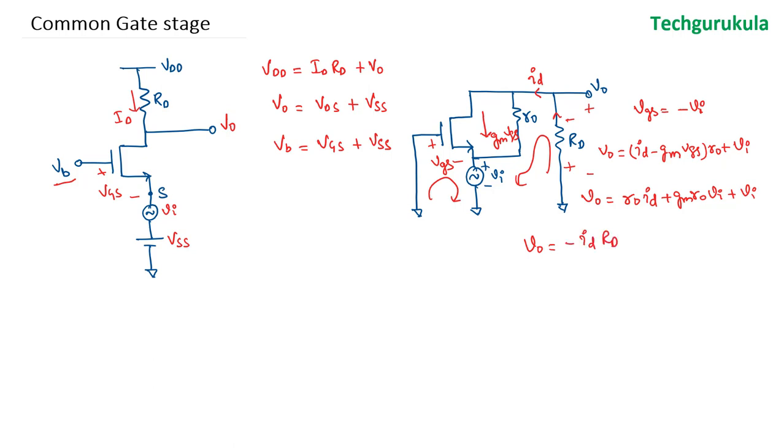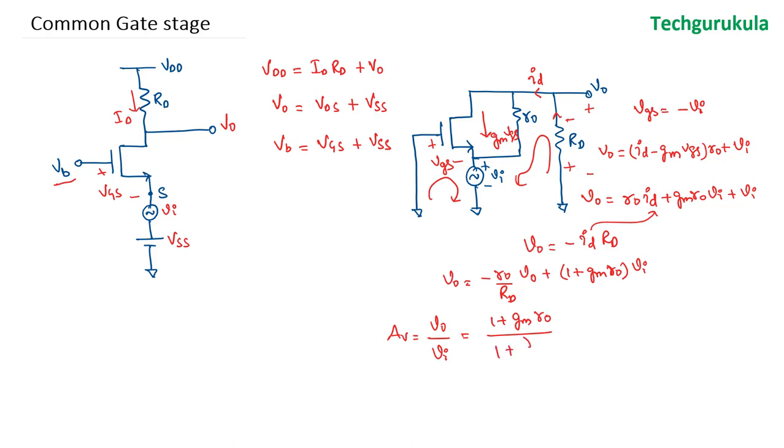So let's substitute in the above equation that ID value here. Then we get an equation like this, where we can write V0 over Vi, which is the voltage gain, equal to 1 plus GM R0 over 1 plus R0 over RD. This will be the voltage gain of this stage.